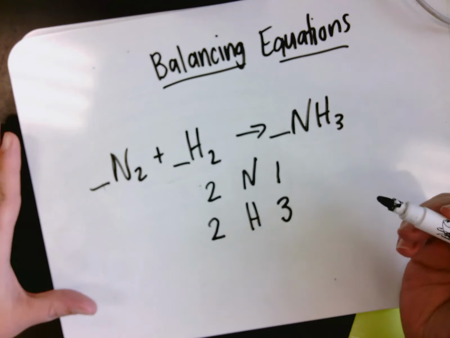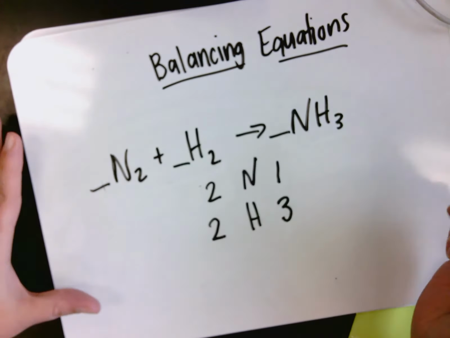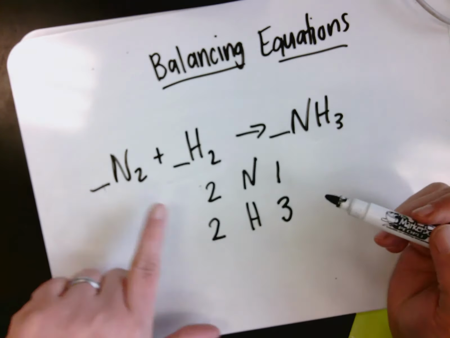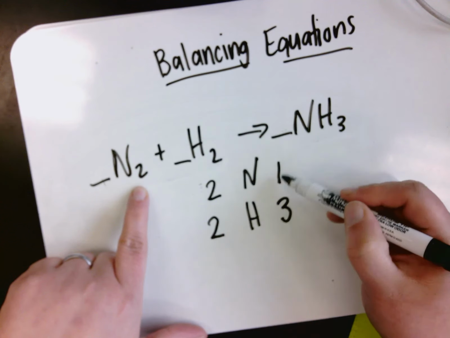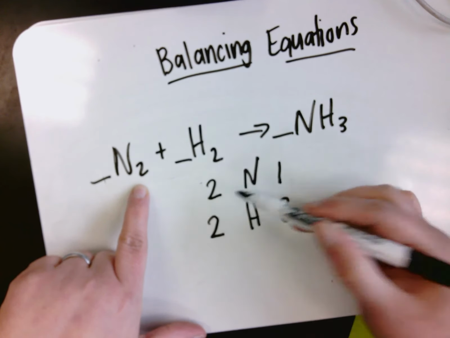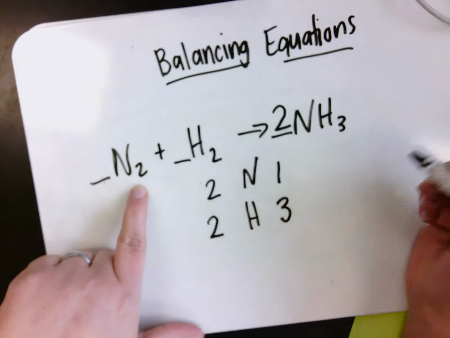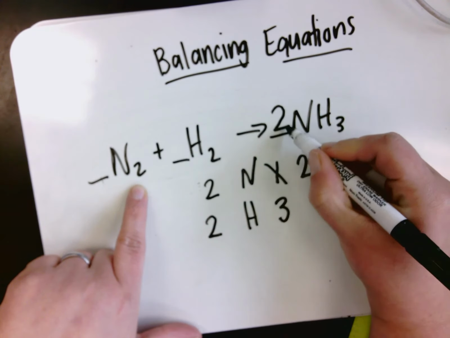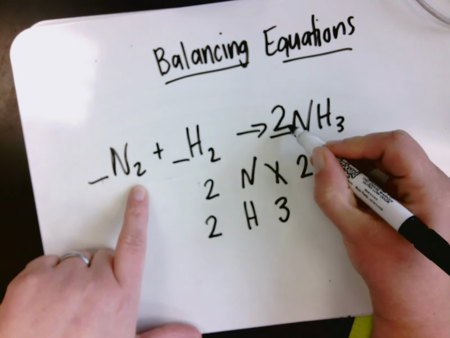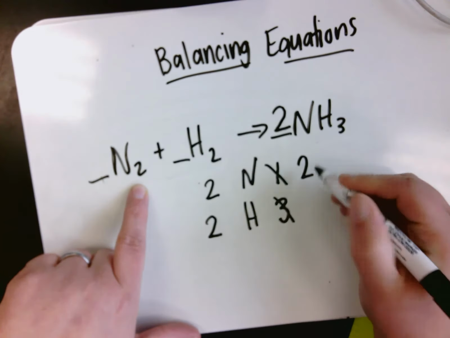We're going to use coefficients, which if you remember are those big numbers that go in front of the chemical compounds to balance this equation. So I have 2 on this side and 1 on this side. I need to find a number that I can multiply by 1 to equal 2. Well, that's clearly 2. So if I put a coefficient of 2 right there, we change this to 2 nitrogen. So this coefficient applies to this N. It also applies to this H, which changes how many hydrogens we have on this side of the equation.